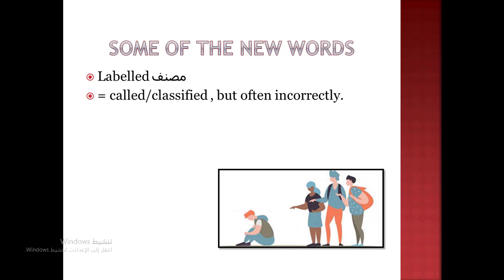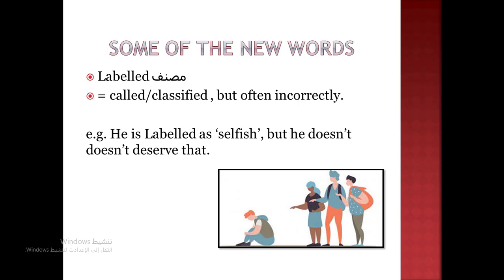But when we give a call or a classification for something, in this way we are giving it the name incorrectly. Look at the following example. He is labeled as selfish, but he doesn't deserve that.